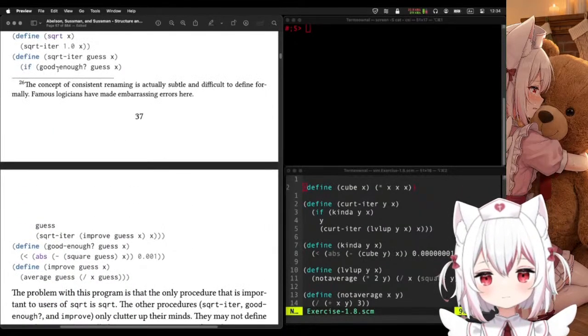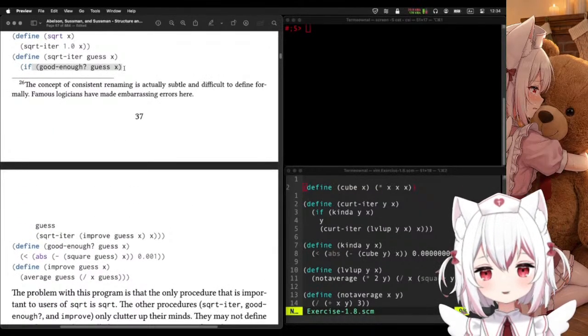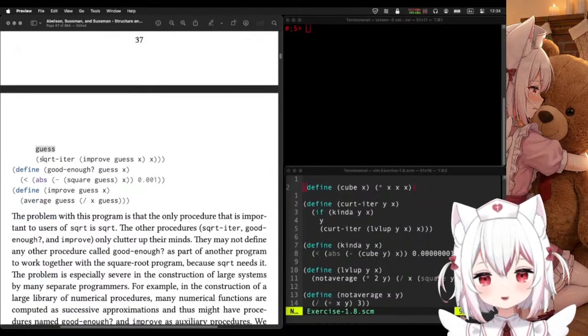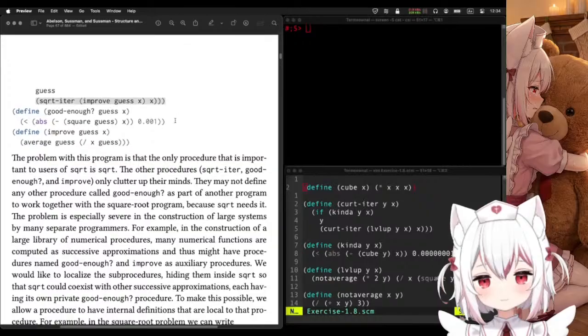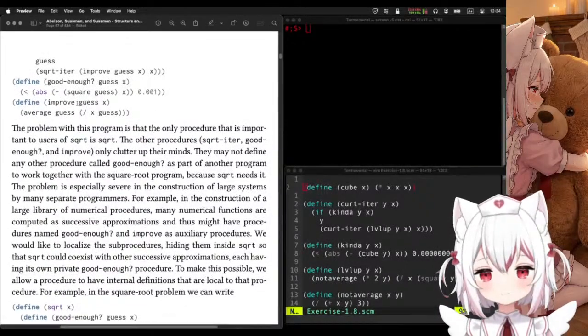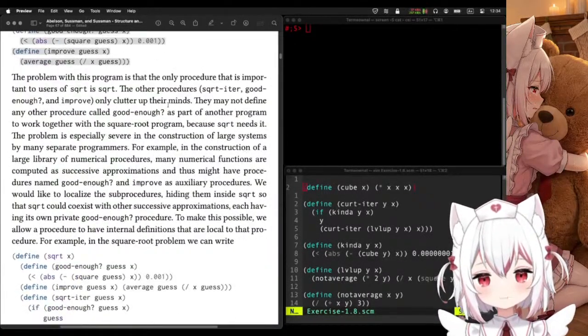If good enough, guess, x, and guess. If not, do it again and improve. This is just the same thing we've seen before.